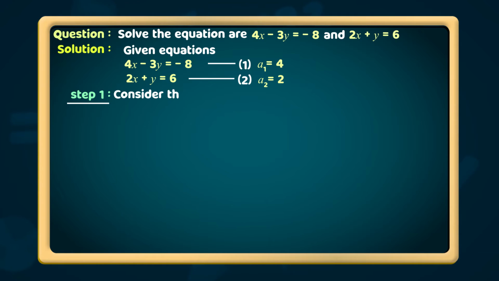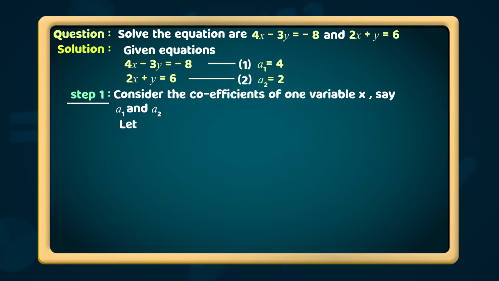Step 1. Consider the coefficients of one variable x, say a1 and a2. Let from the first equation a1 equal to 4 and from the second equation a2 equal to 2.